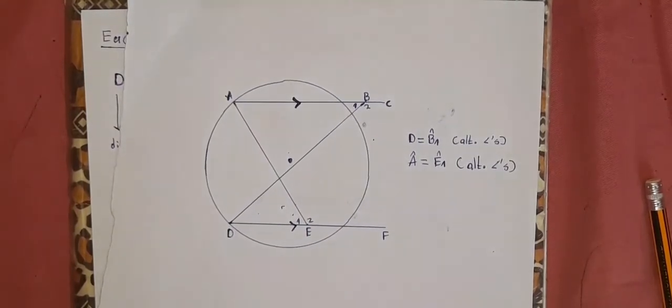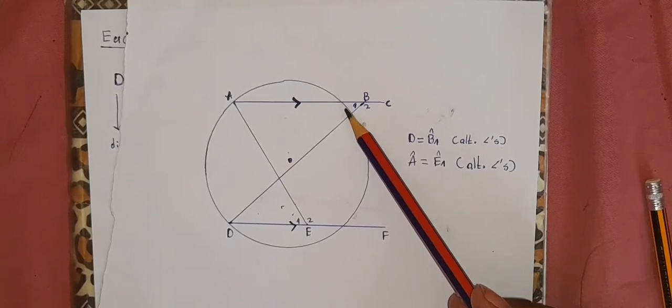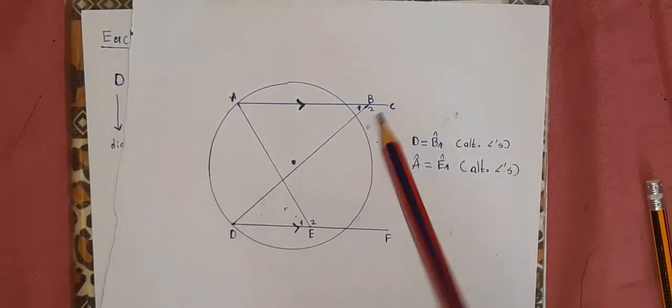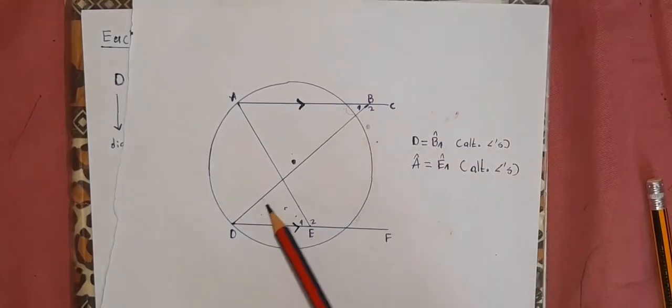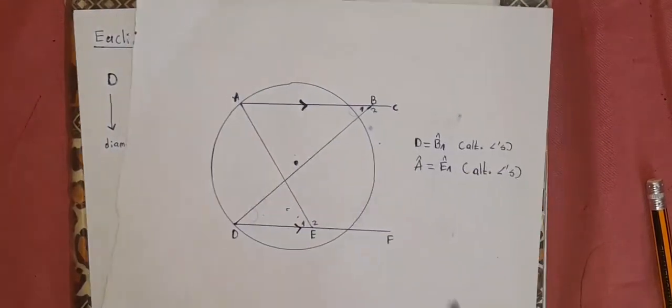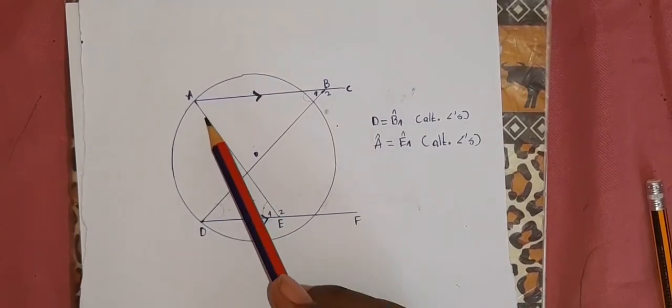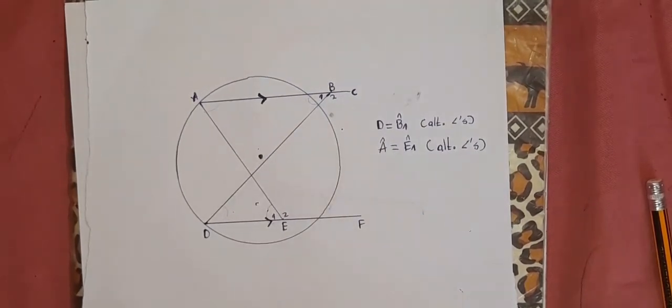Then what can you deduce about this? We can clearly see that this angle here equals this angle here. Why? Because they are alternate. This angle over here equals this angle over here. And also this angle here equals this angle here because they are alternate.